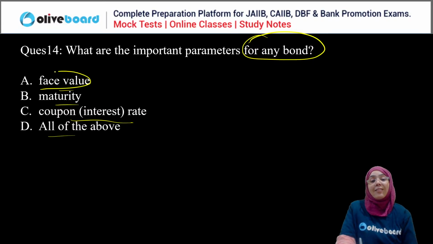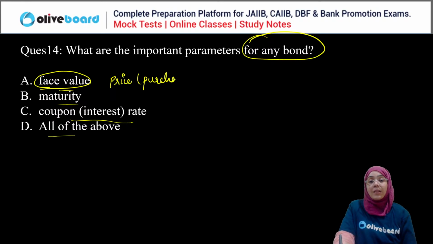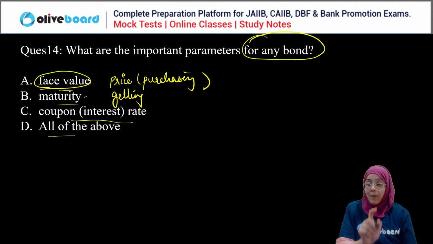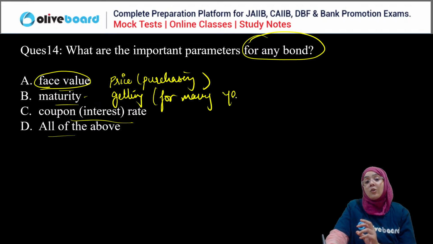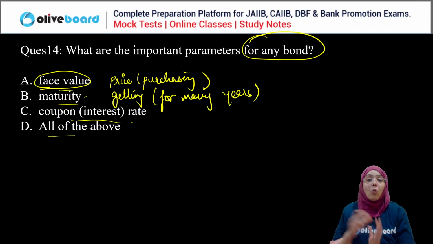First of all, what is the face value? Face value is actually the price which we are giving for purchasing that bond. That is called the face value, right? Next, maturity, what we are getting after a certain time period. When we talk about the maturity, for how many years we are purchasing this, what is the total time period we have to hold this bond.